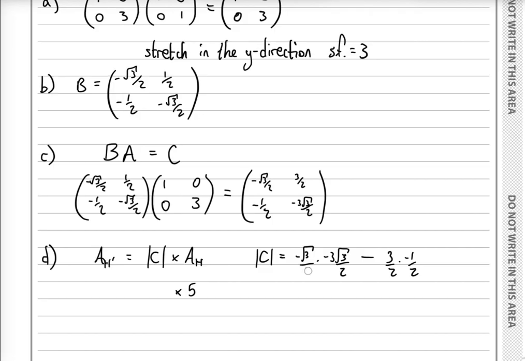Why have I got a 3 here? That should be a 2. That gives us positive 9 over 4 plus 3 over 4, which is 12 over 4, which is a 3. 3 times 5. The area is 15 square units.